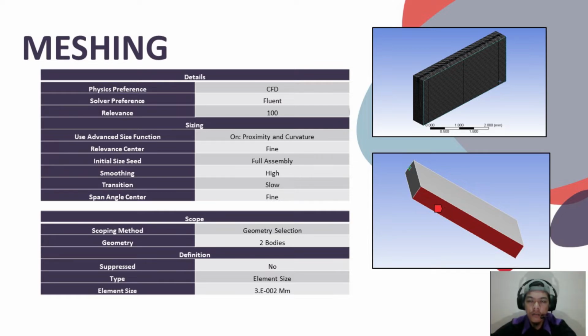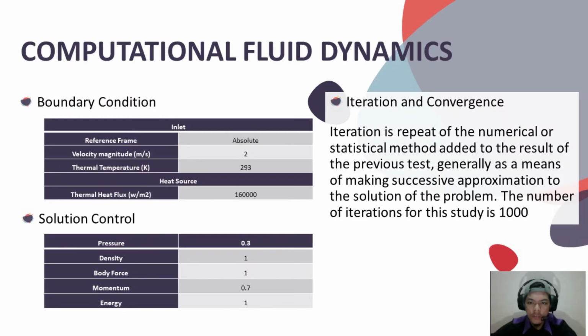For the body size, scoping method geometry selection, we choose 2 bodies. For the definition, only change element size to 0.03. The first photo is after I finish the meshing, and the second photo is creating named surfaces to input inlet, outlet, symmetry and heat source. Next, we go to CFD.